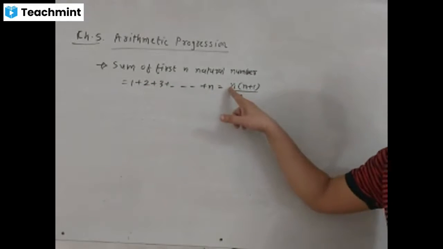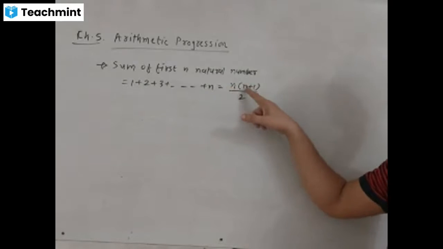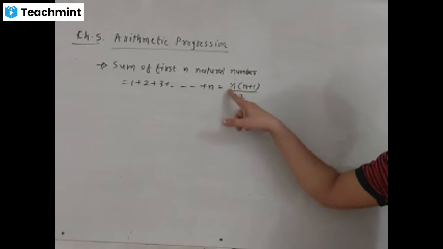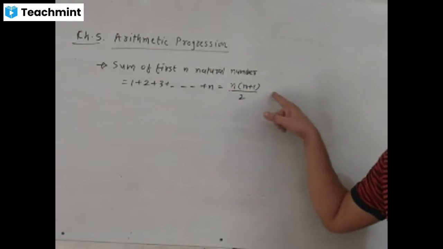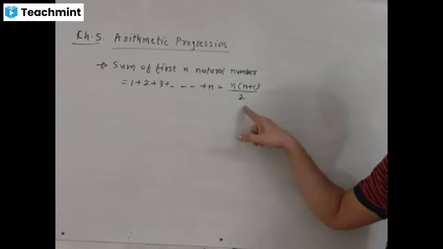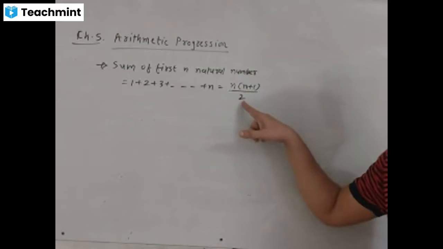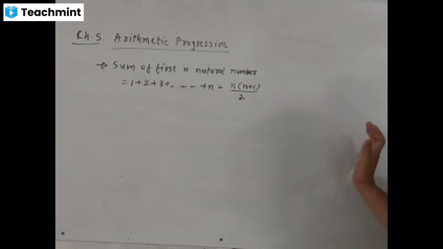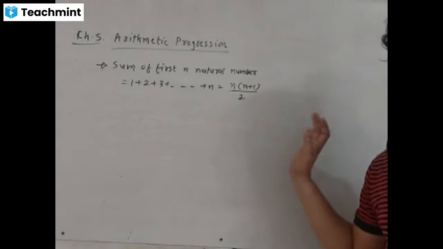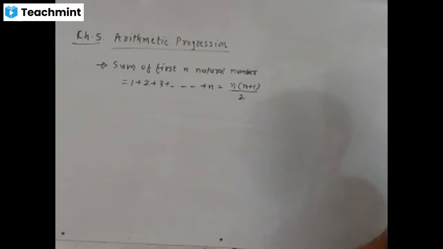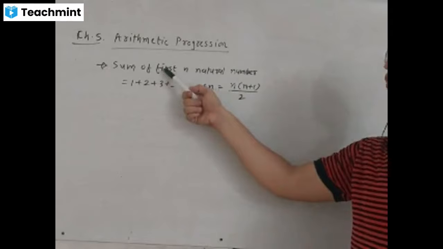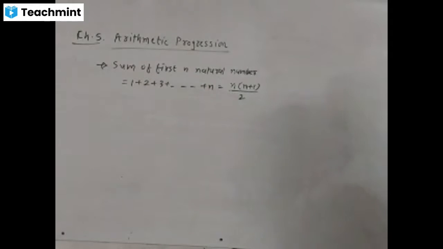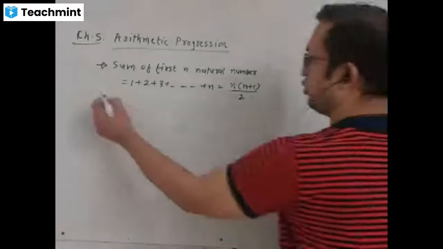So put n is equal to 20: 20 into 20 plus 1 divided by 2. 20 into 21 divided by 2, 20 by 2 is 10, and 10 into 21 is equal to 210. So from this formula we can find the sum. So remember this formula: sum of first n natural numbers is equal to n into n plus 1 divided by 2.